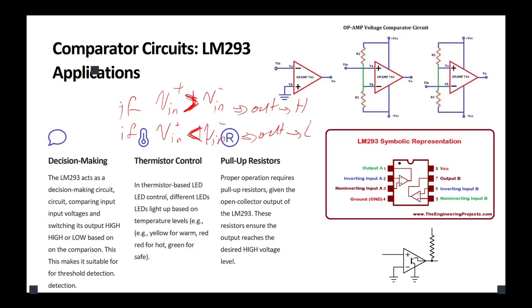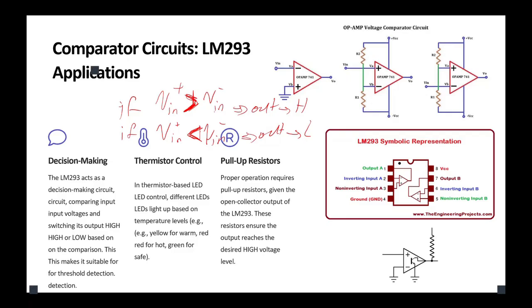It tries to make the non-inverting input equal to the inverting input. That's what gives us controlled, smooth amplification. But here we want the opposite. We want the op amp to take even the smallest difference between the non-inverting and inverting inputs. So we don't want feedback to make them equal.